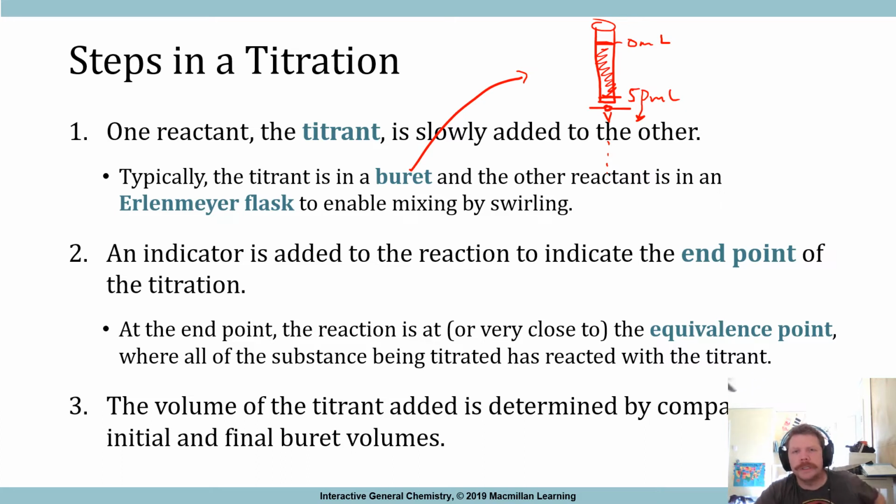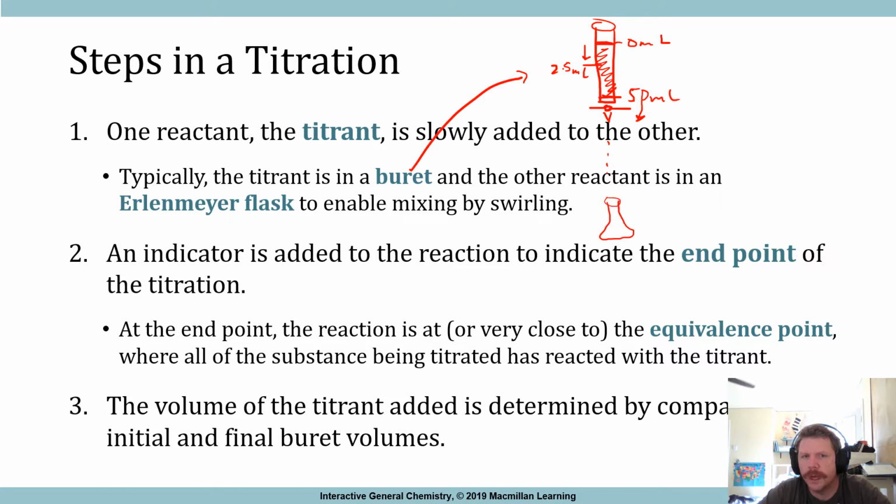And as you open this valve, the solution is going to go down. At some point you let it flow and then you stop it. If it reads 2.5 milliliters, that means you've let 2.5 milliliters of your solution flow through that burette.